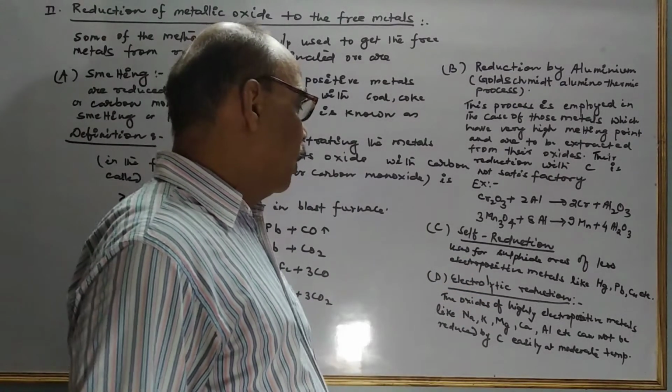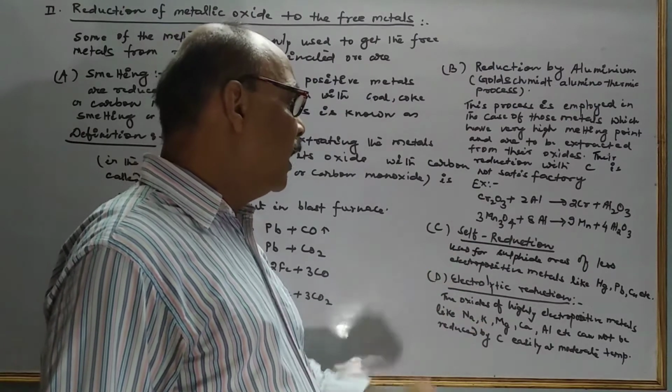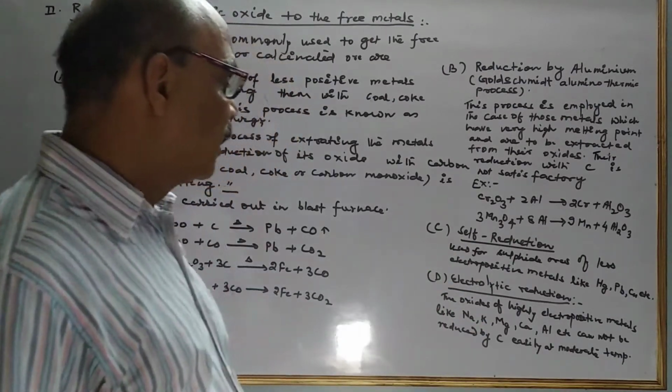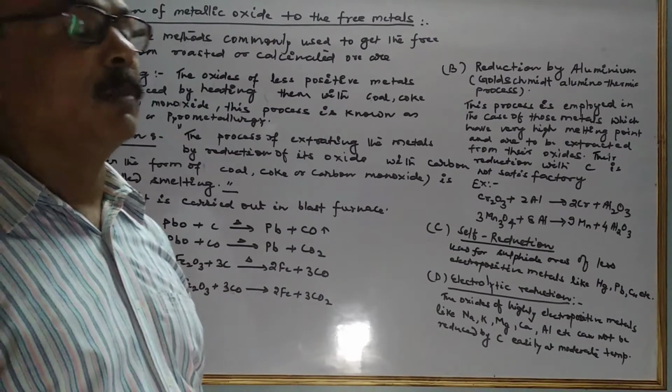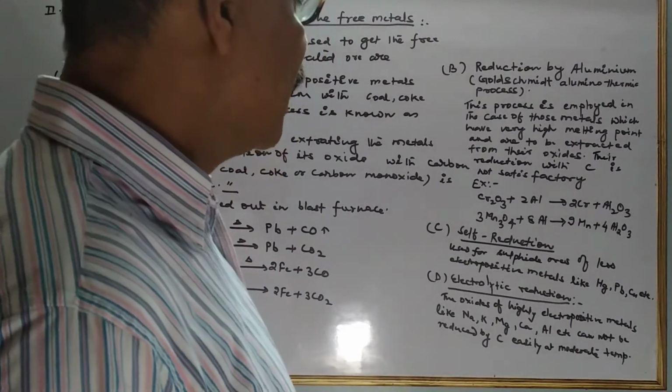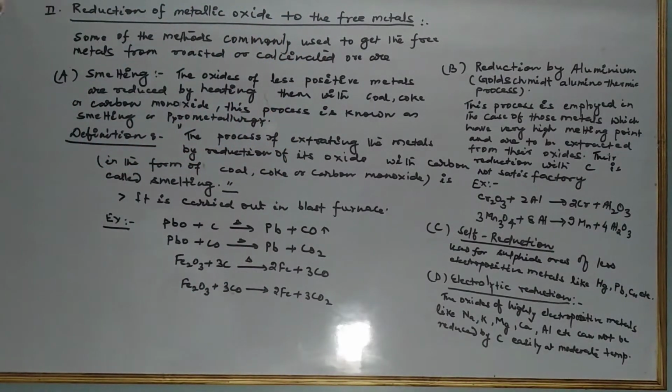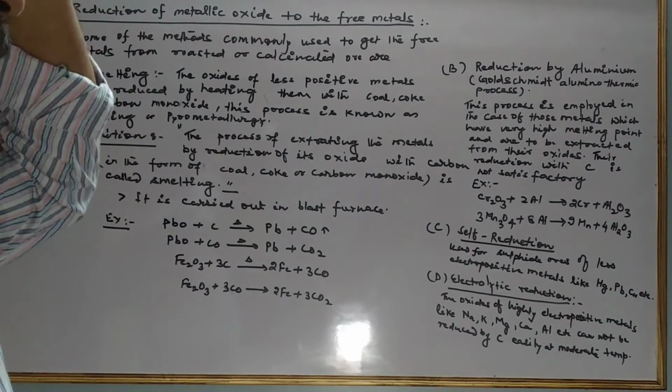Electrolytic reduction. The oxides of highly electropositive metals like sodium, potassium, magnesium, calcium, and aluminium, etc., cannot be reduced by carbon easily at moderate temperature.